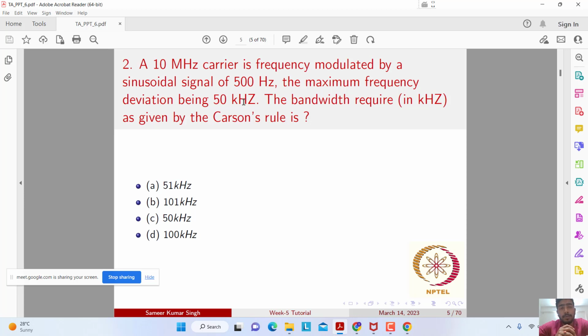Miraj, what is the Carson rule? Okay, just use this formula.